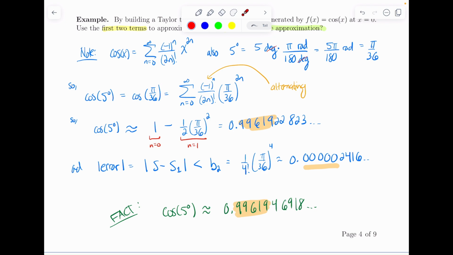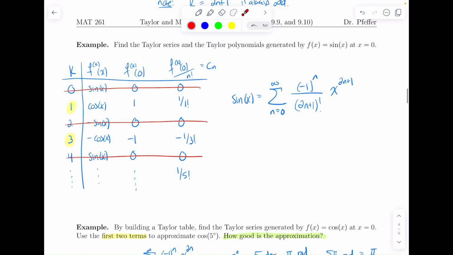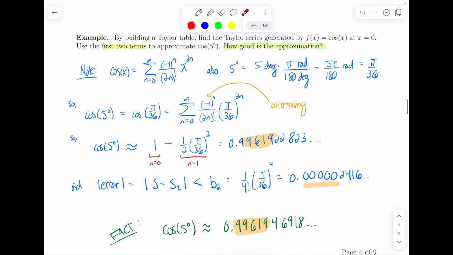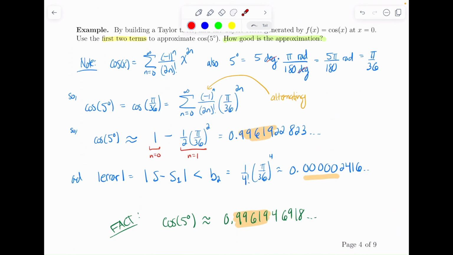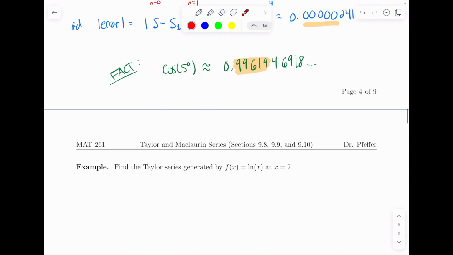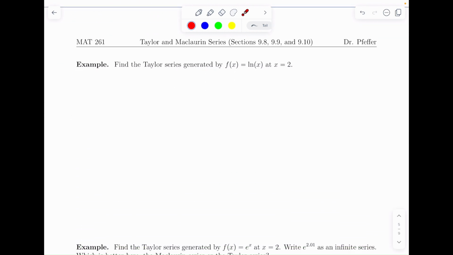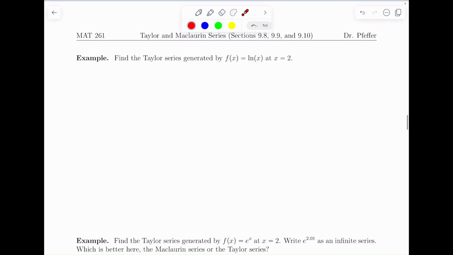With that said, let's return to the conversations we were having in terms of collecting more Taylor series. Hopefully we're convinced this actually seems to have some good use cases. For example, here I want to find the Taylor series for the function ln x, but I want it centered at 2. There's a couple of ways to do this.